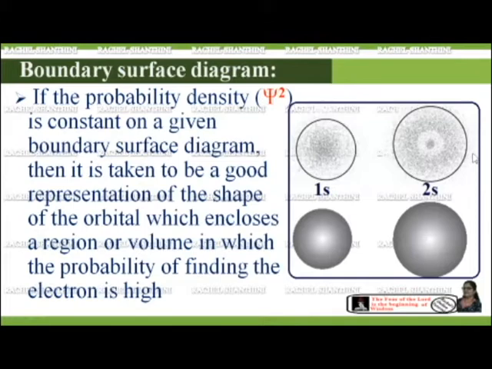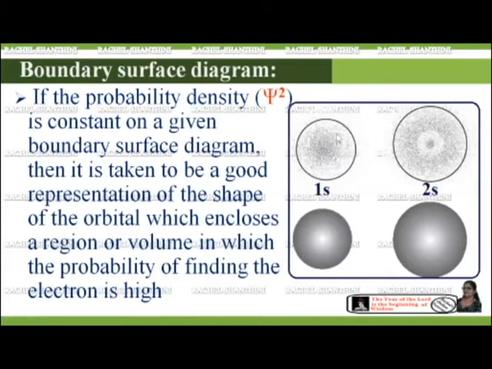Therefore, it is not possible to draw a boundary which encloses a region of 100% probability. So, we can draw a boundary surface which encloses a region of 90% probability. Like here, you could see the probability density is not constant beyond this circle, right?